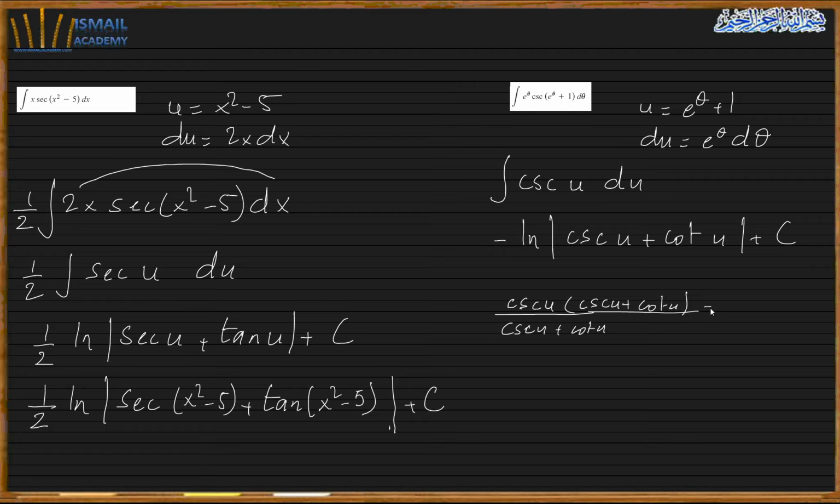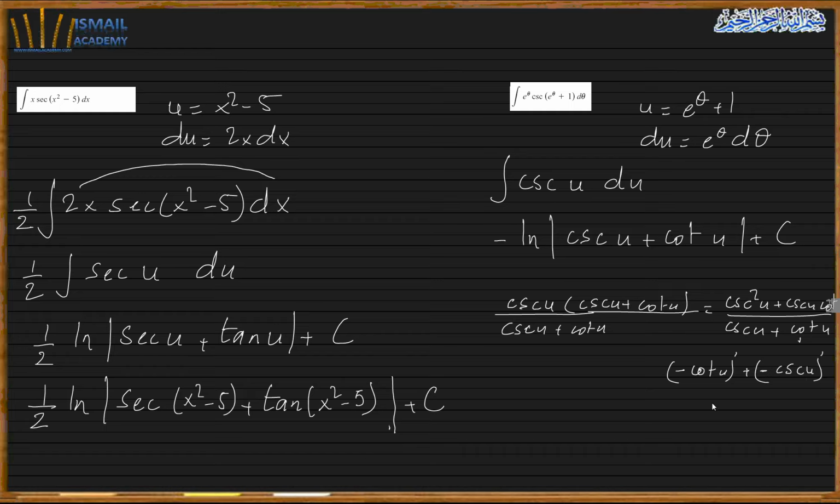So what we end up having here is cosecant square u plus cosecant u cotangent u. So I don't have space here. I'll try to write it down very small. So cosecant square u plus cosecant u cotangent u over cosecant u plus cotangent u. So the derivative of cotangent is negative cosecant square. So this is the same thing if I have minus cotangent u prime, and here is plus minus cosecant u prime.